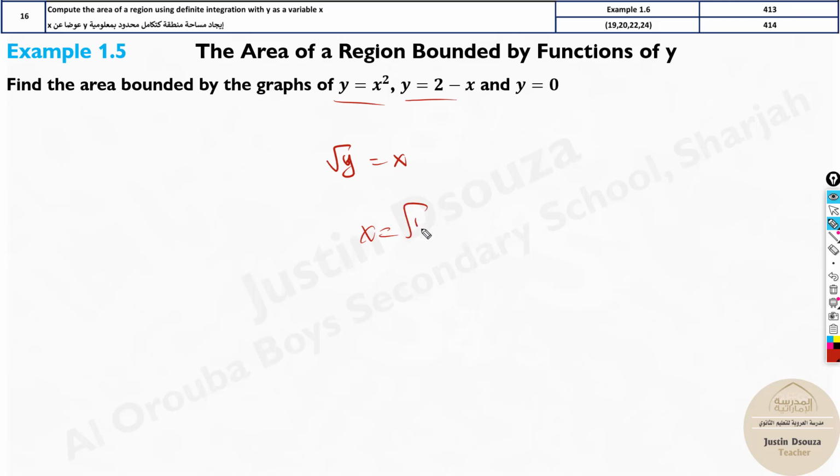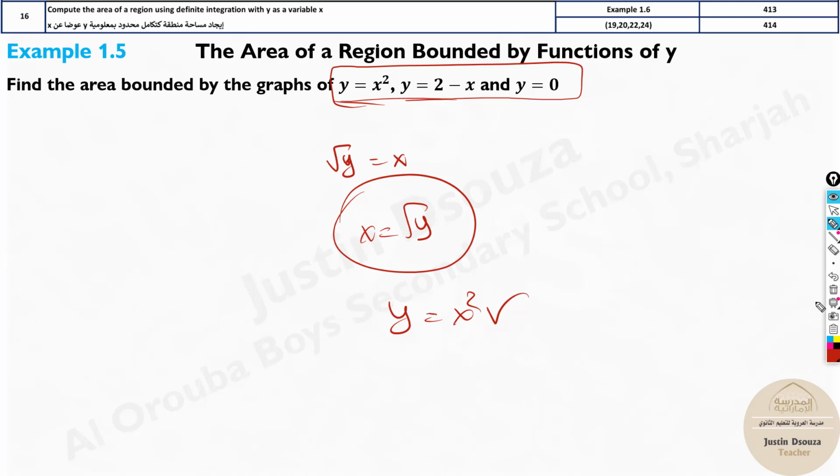X is equal to square root of y. Is this easier to graph, or y is equal to x squared? Which is easier to graph? I would choose this all the time if I have to compare with this one. So that is why it's better to get these equations. Even if they are not like this, you can convert them, graph it, and then use such equations in the formula to solve it out.